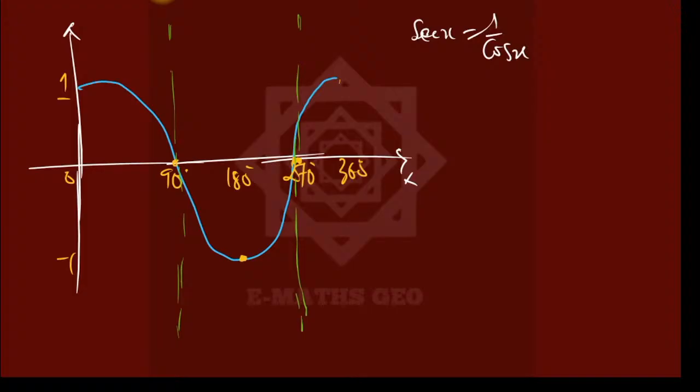If we draw our vertical asymptotes there, we now flip the graph the other way around. The same way, almost the same. Flipping it.